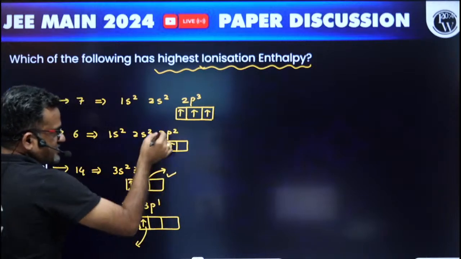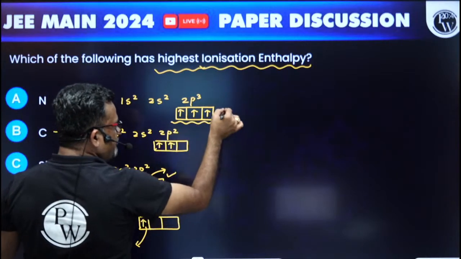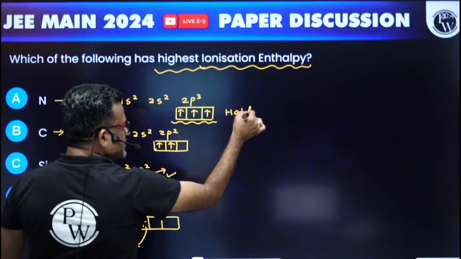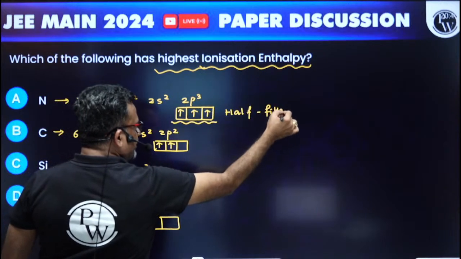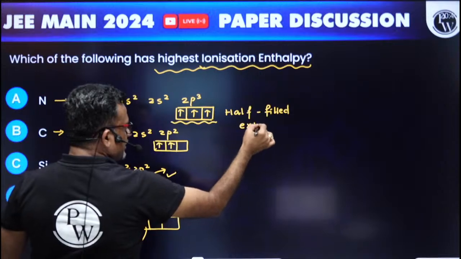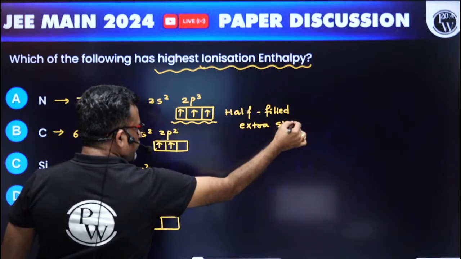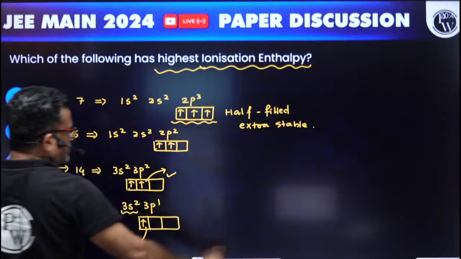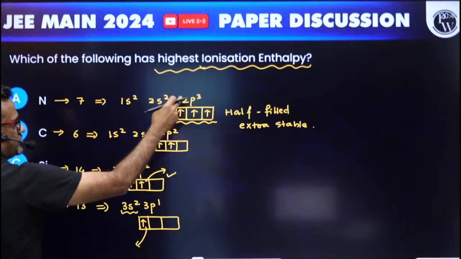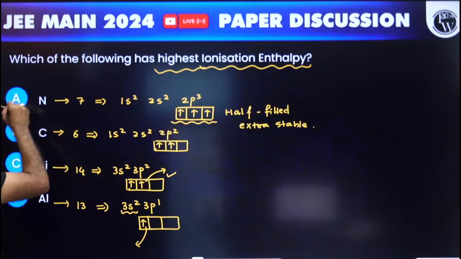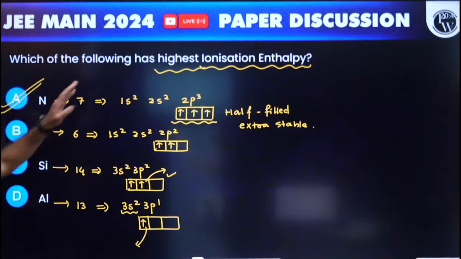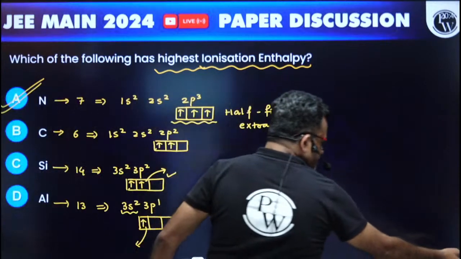The same thing as this. But here, since it is half filled, it is extra stable. Due to the extra stable electronic configuration, we require a high amount of energy to remove the electron from nitrogen. So therefore, out of all the given options, nitrogen has the highest ionization enthalpy.